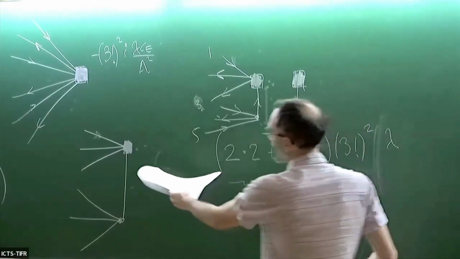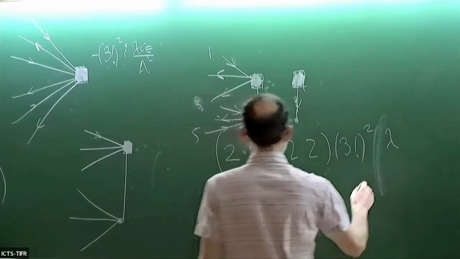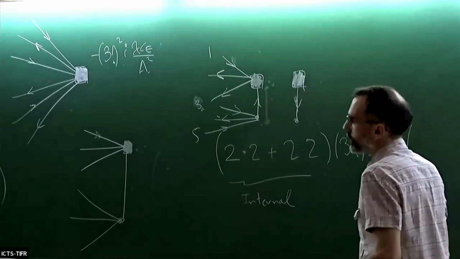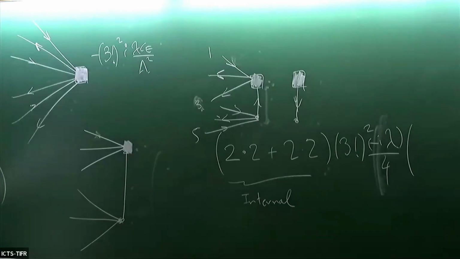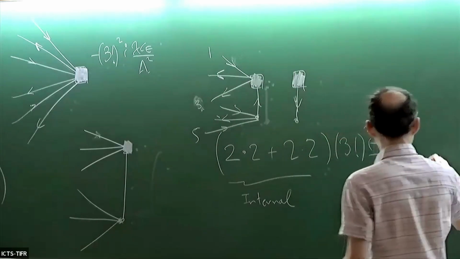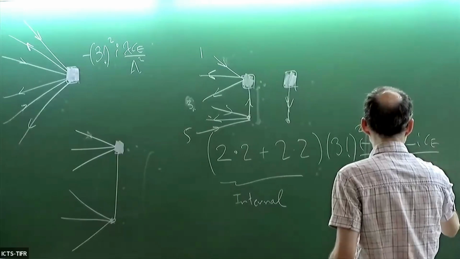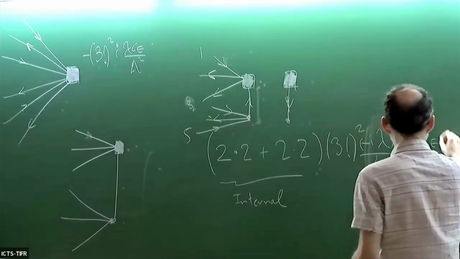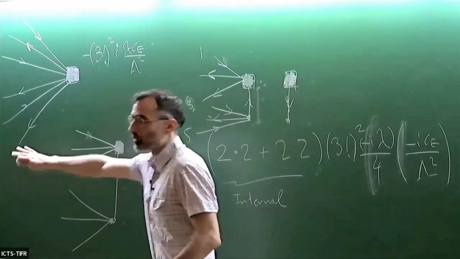Righty, but I've done that, so all of those combinatorics will take care of assignments. Then I have the lambda insertion and the other operator that in this notation is minus i lambda over 4. And for the other one, where do we have these guys? Something like this. It will be minus i, lambda squared. And in this Feynman rule, I had already symmetrized in all of those possibilities.